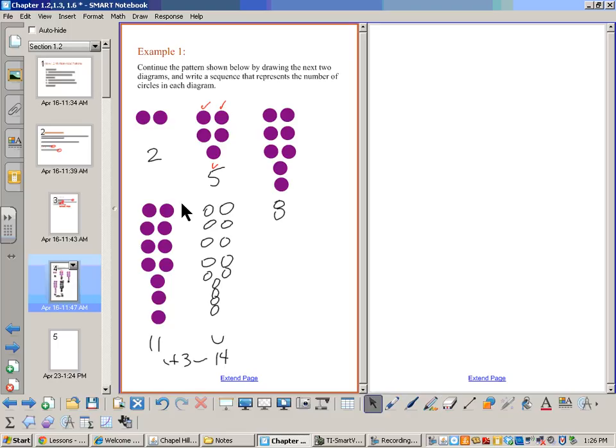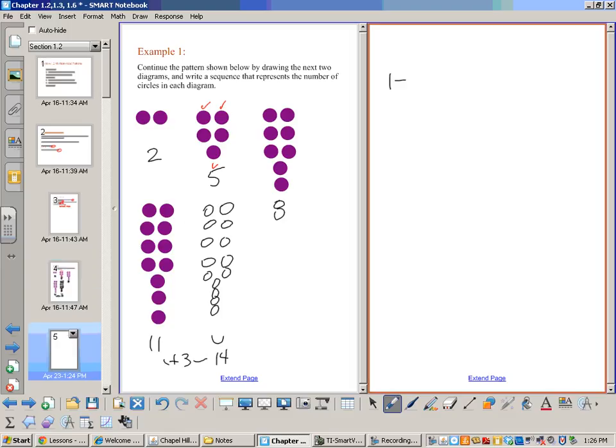Something like this. Okay, so from here what we're going to do is just go ahead and find the sequence that's going to represent the number of circles here. So in step 1 we have 2, step 2 we have 5, 3 we have 8, 4 we have 11, and then in 5 we're going to have 14, and then this would continue.